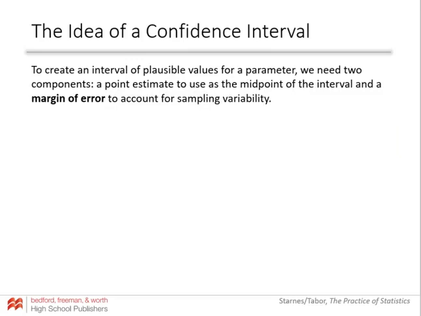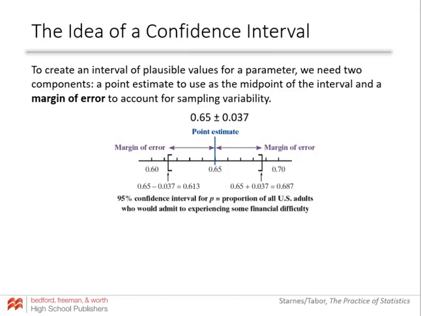What we do is we take the point estimate and we make that the middle of our interval. Then we calculate what's called a margin of error, and we subtract and add that margin of error to get our confidence interval. So if here we had a point estimate of 0.65, that becomes the middle of my confidence interval.